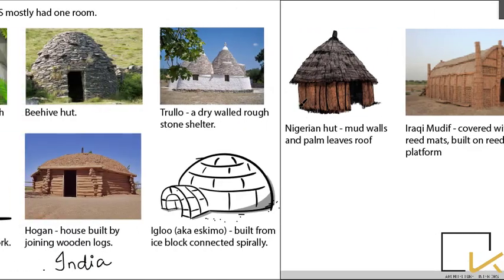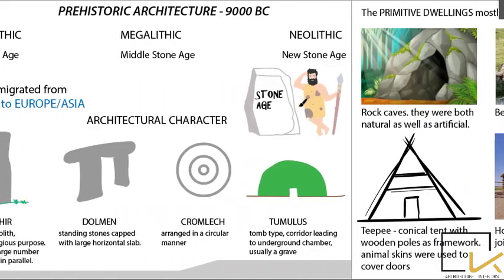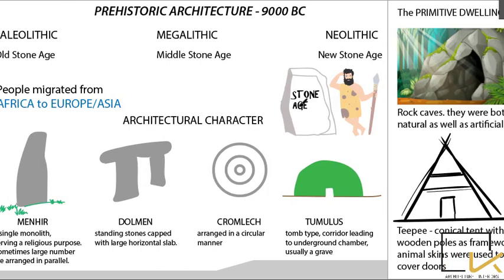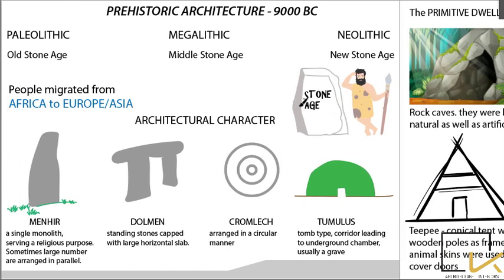For prehistoric architecture, first we saw the three stages, that is Paleolithic, Megalithic and Neolithic. Then we saw the four basic structures, that is Menhir, Dolmen, Cromlech and Tumulus.